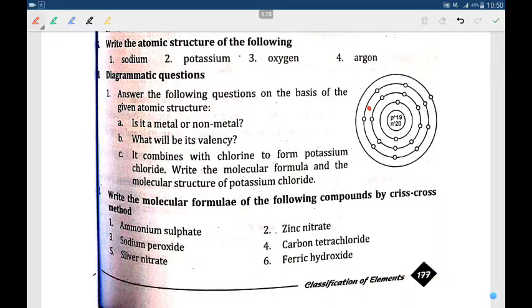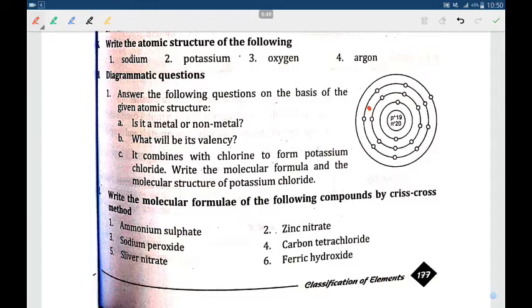Now students, one diagrammatic question. Answer the following questions on the basis of the given atomic structure. So how many protons are there? 19. Neutrons 20. Just before, we have drawn the atomic structure of such an element. Is it a metal or non-metal?